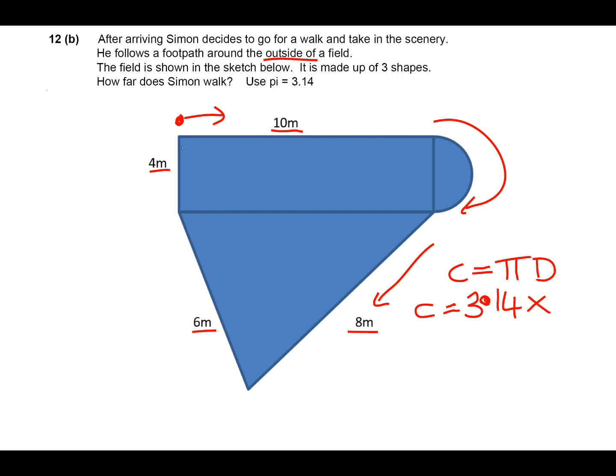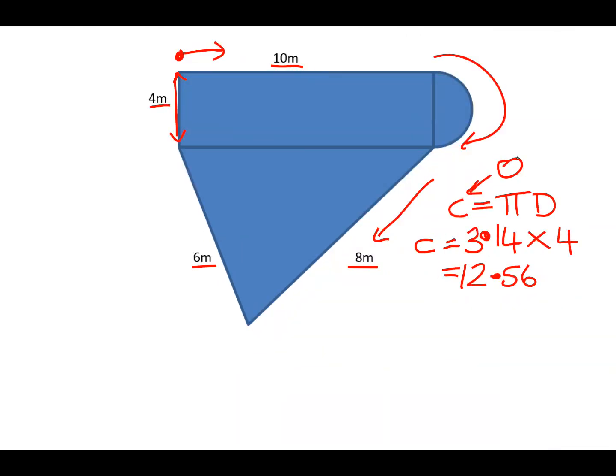And the diameter, well, it must be the same as this distance here, which is 4. Don't take any chances and do it on your calculator. And you end up with 12.56. Now don't forget, this is the circumference of a full circle. But what we need is half the circle. So we need to divide this by 2.